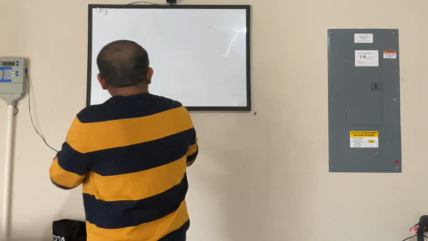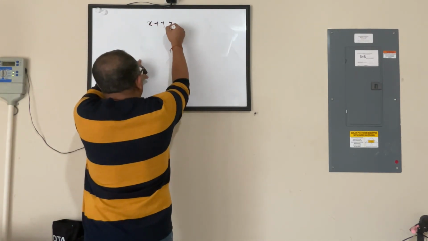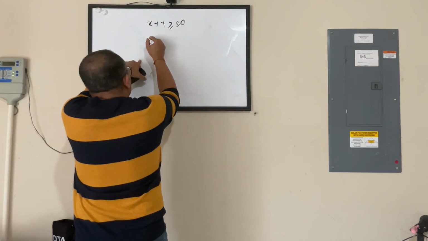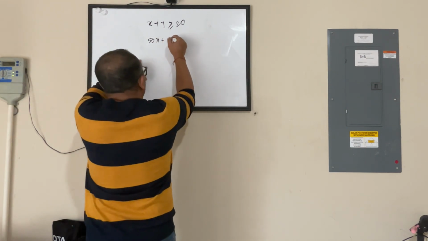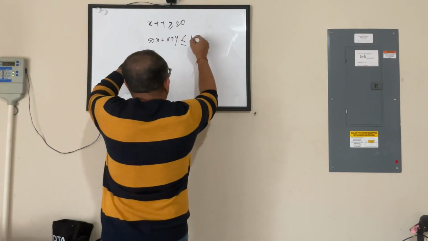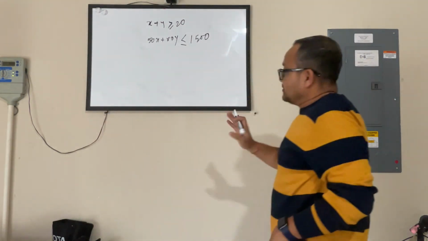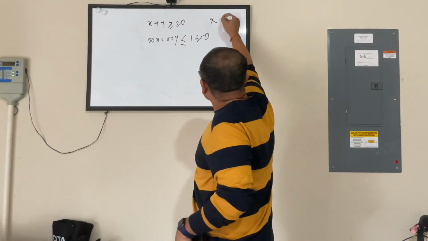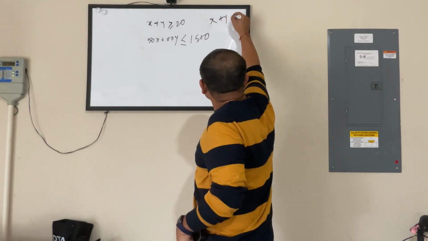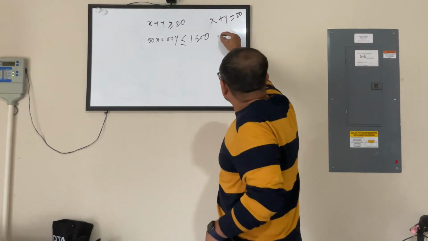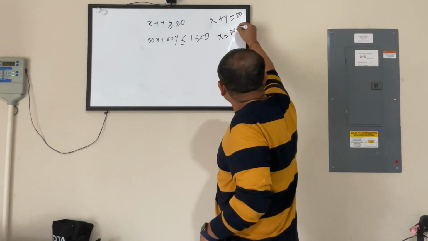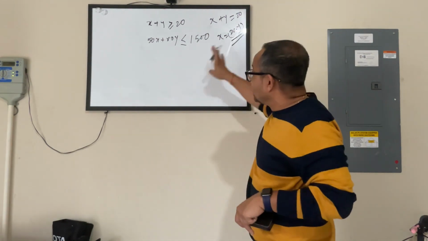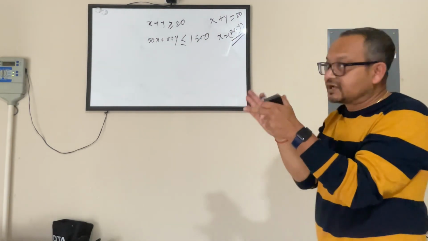Let's look at it with a different approach. x plus y is greater than or equal to 20 and 50x plus 80y is less than or equal to 1500. When we are looking at this situation, we'll always pick up the situation which is the equal to part. So here the value of x is 20 minus y, and this is the best case scenario. x has to be always greater than this, but we are picking up only the solution which is equal to.